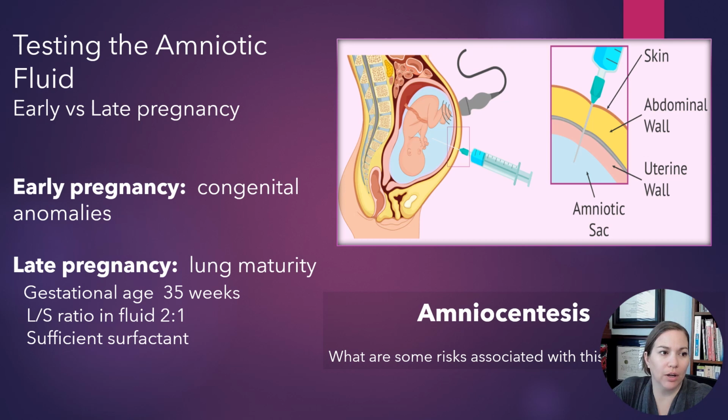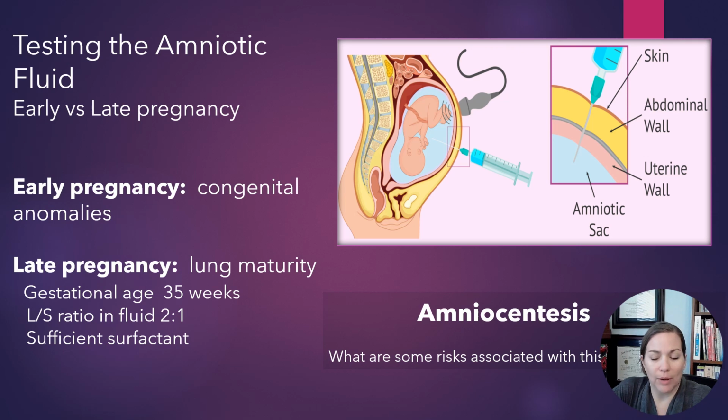All right, so testing amniotic fluid, amniocentesis, right? In early pregnancy, they're testing for congenital anomalies generally, and in late pregnancy, they're testing for lung maturity.